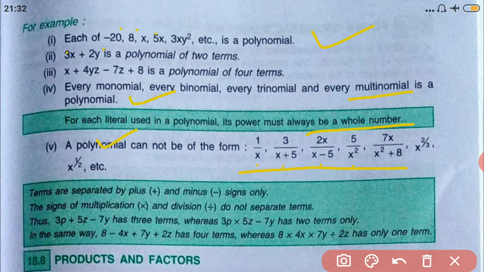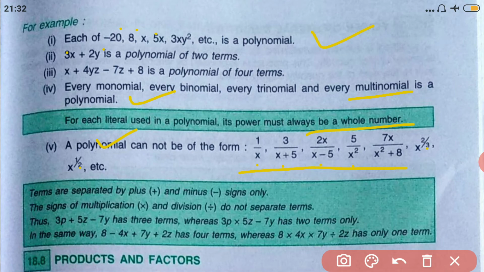The other condition is that to become a polynomial, one literal, one alphabet, cannot have a fraction or a negative number or a decimal number in the power. So I hope you understood this, right?